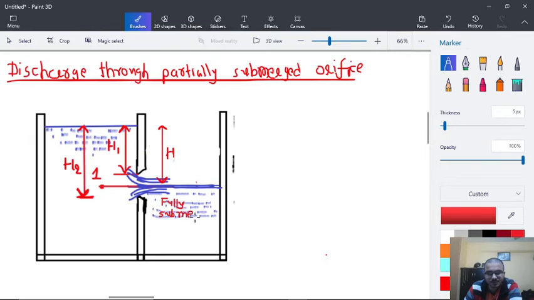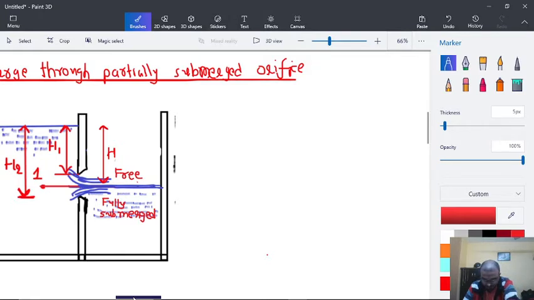So this is the fully submerged case, and above it we will have the free portion. So we can calculate the flow rate by a combination of these two.